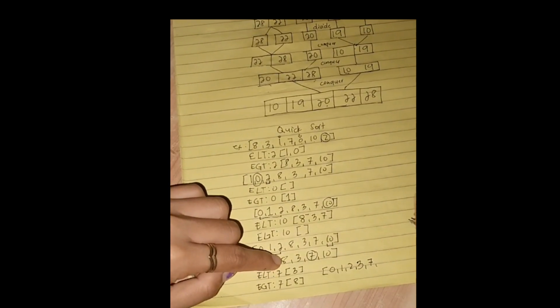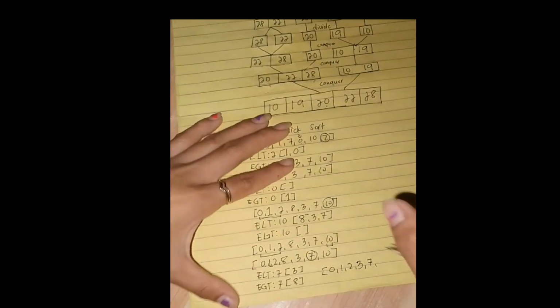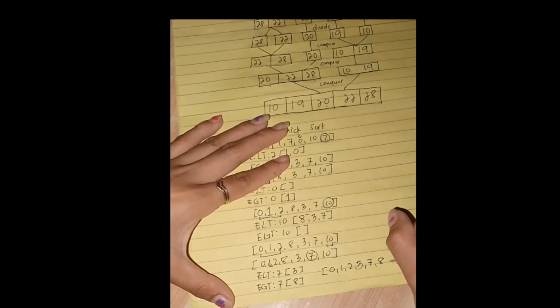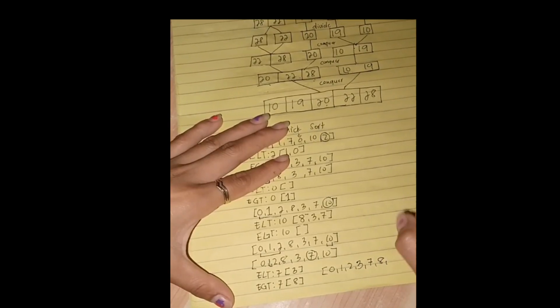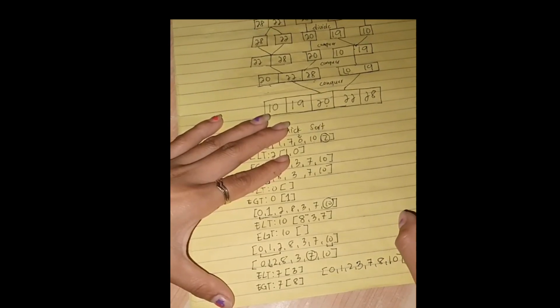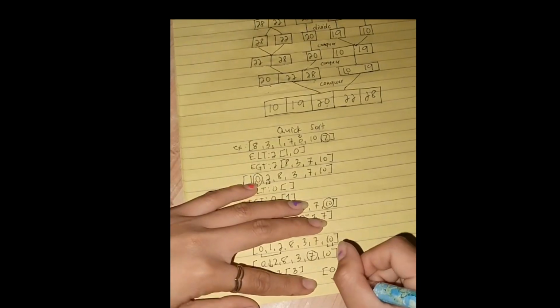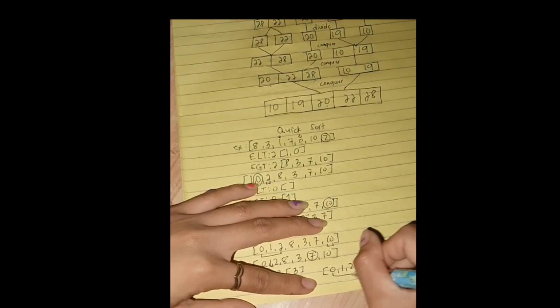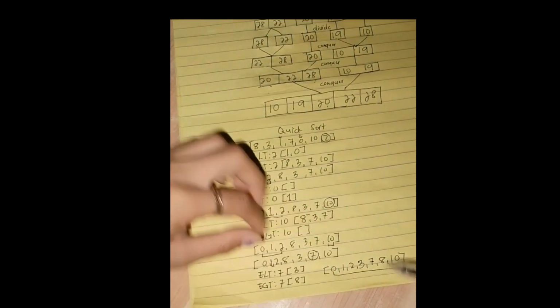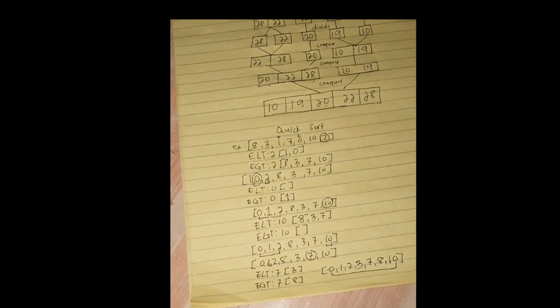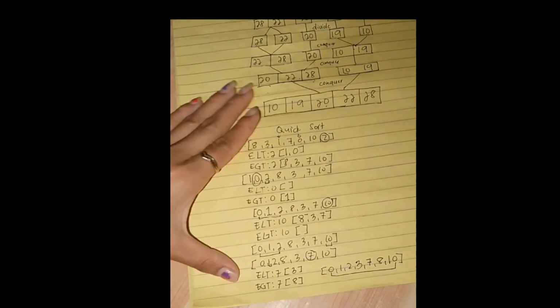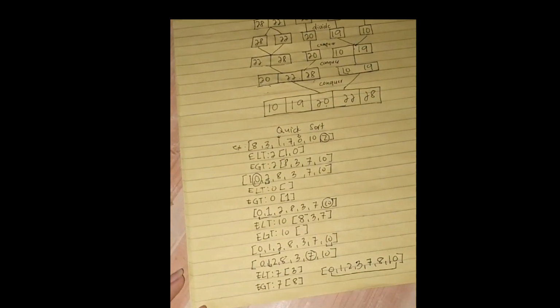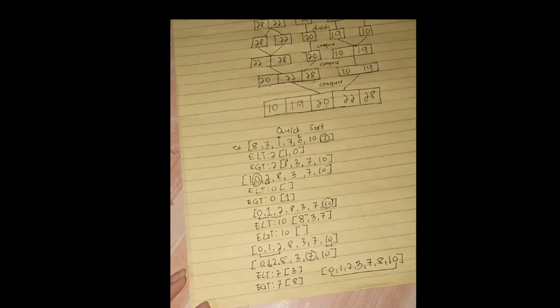Then, lagay naman natin ang greater than kay 7. We have 8. Then, copy natin yung 10. At, nasa tamang order na sila. Naka-arrange na silang lahat. Ito ang example ng quick sort.